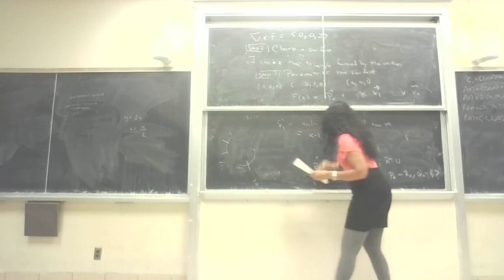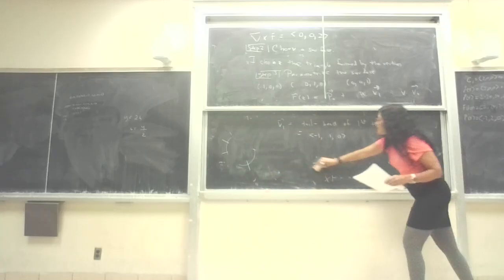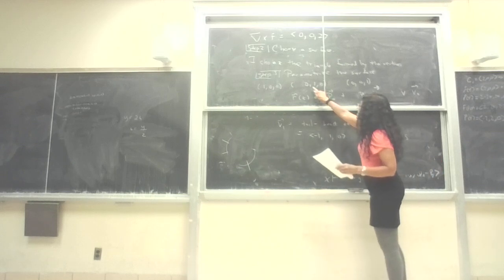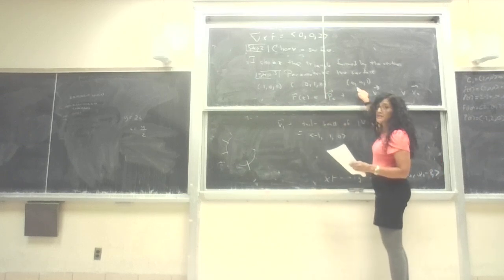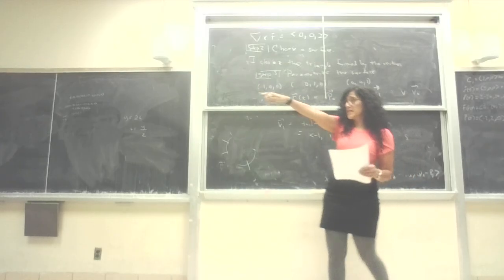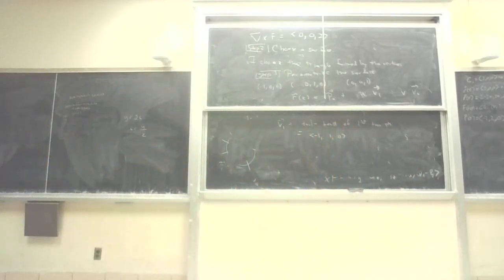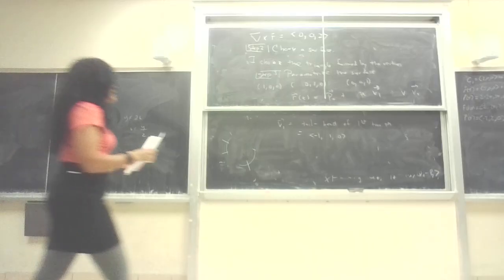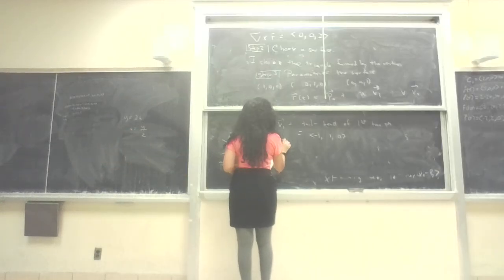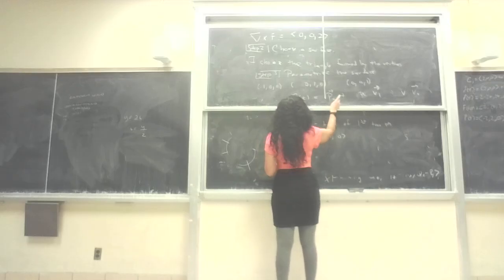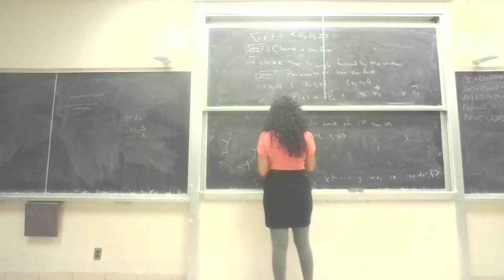And your second one is going to go through the second 2 points. This is going to be your start and this is going to be your end on the triangle. Your top point is 0, 0, 1 in my case, which would be the start, and the end point would be 1, 0, 0. So your V2 starts at 0, 0, 1 and ends at 1, 0, 0. You get -1, 0, 1.